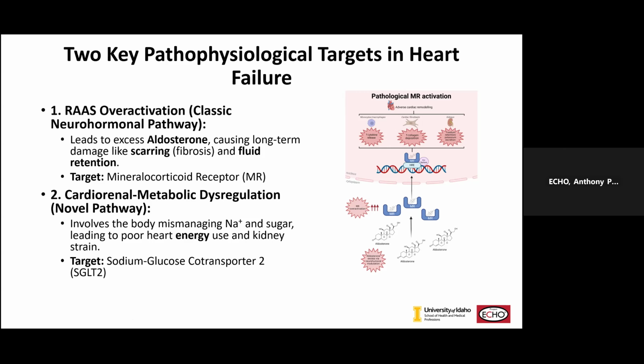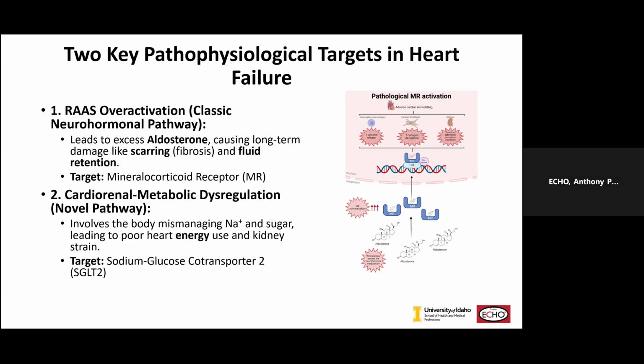It's just this crazy feedback loop that leads to excess aldosterone, causing bad things to the heart. If we're going to be crude about it, we're talking scarring and fluid retention. So what we're targeting here is the mineralocorticoid receptor that accepts the aldosterone. We're trying to slow down that damaging effect.